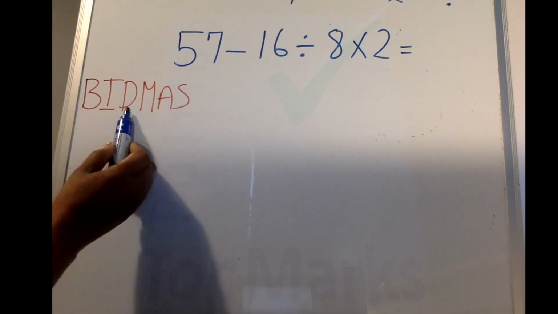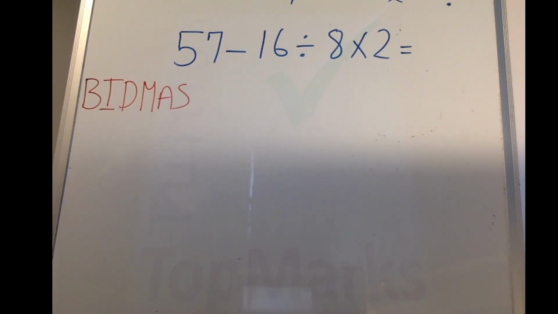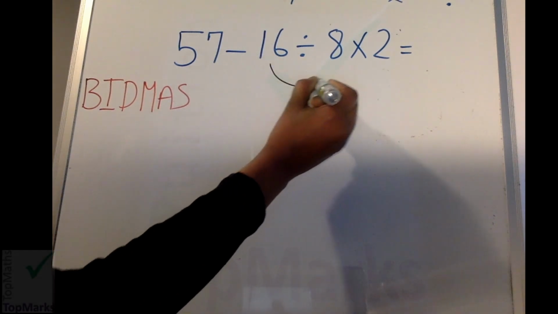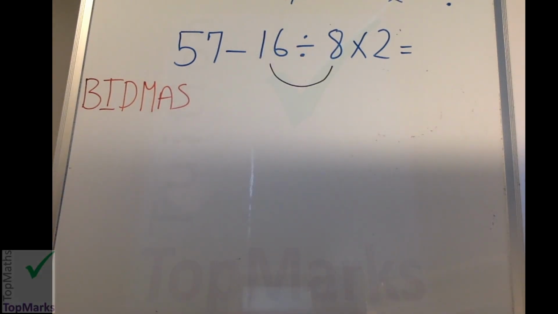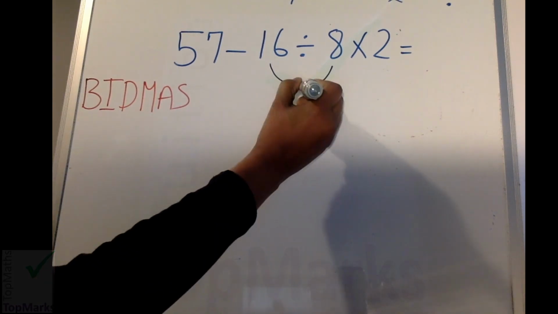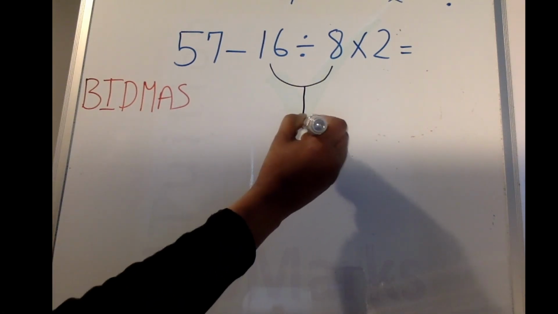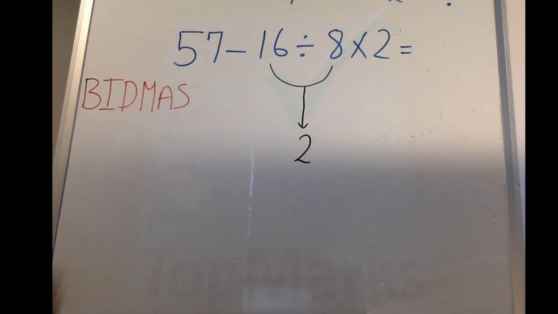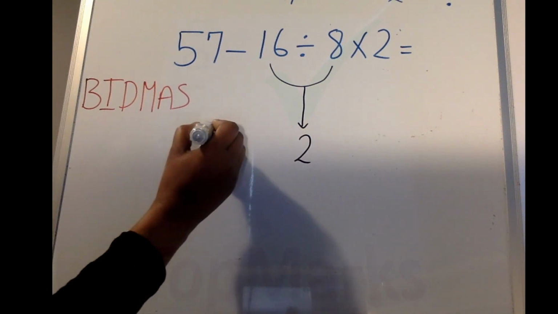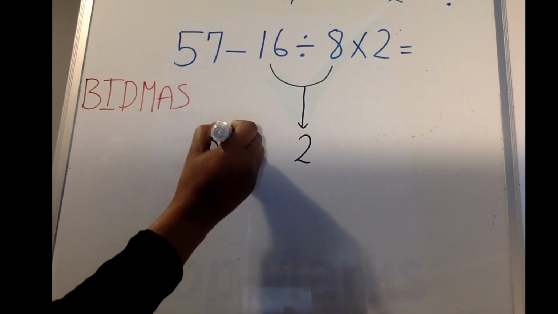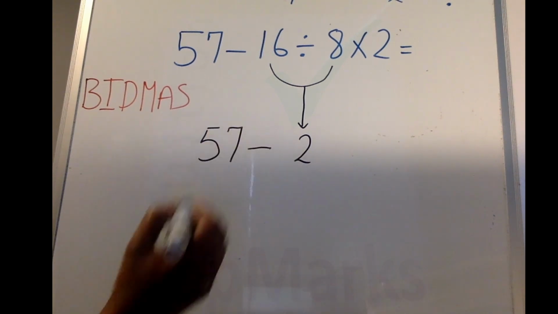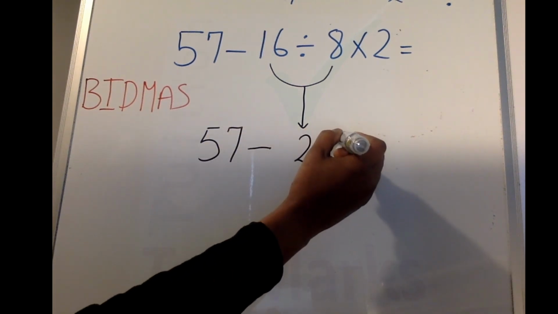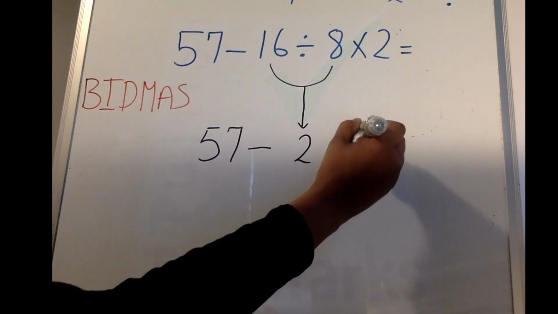So I'm going to tackle the division part of this calculation first. So I am going to do 16 divided by 8. 16 divided by 8 is 2. So my new shorter calculation is 57 minus 2 times 2.